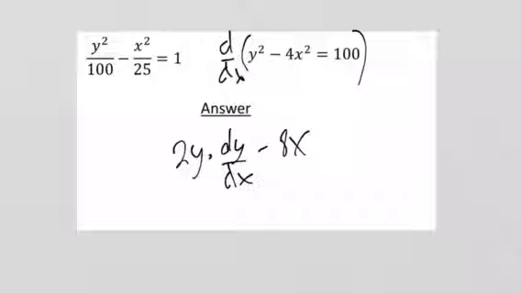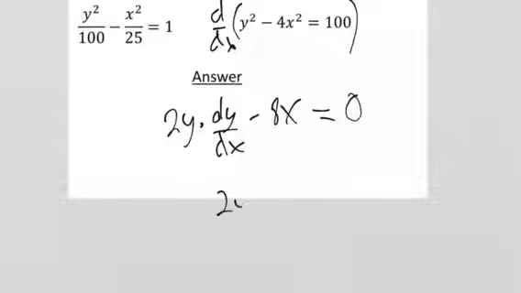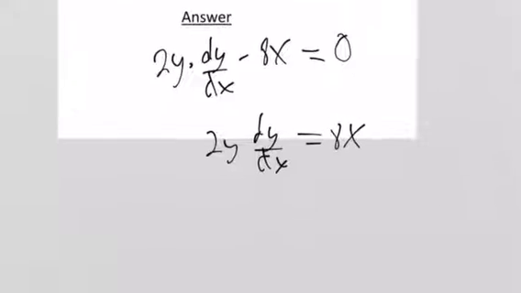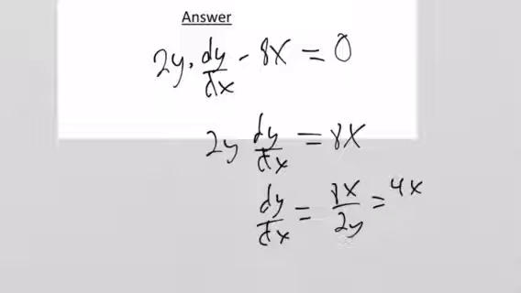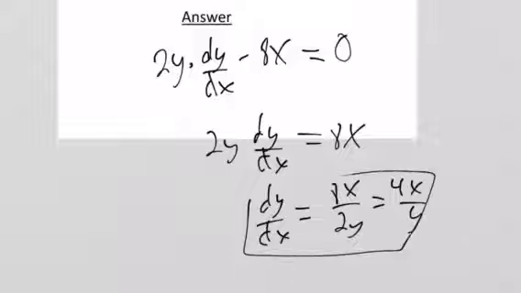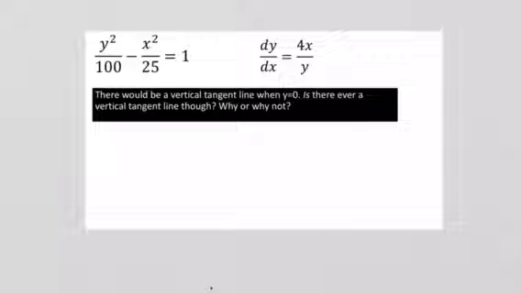It's 8x times the derivative of x with respect to x, which is just 1, so we don't have to write that. It's equal to 0. So then we get 2y dy dx equals 8x, and then dy dx equals 8x over 2y, which equals 4x over y. So that is our final slope of this hyperbola.